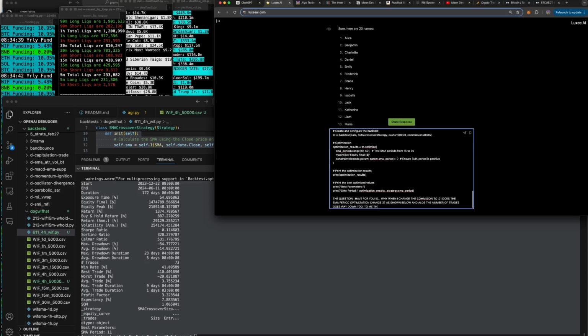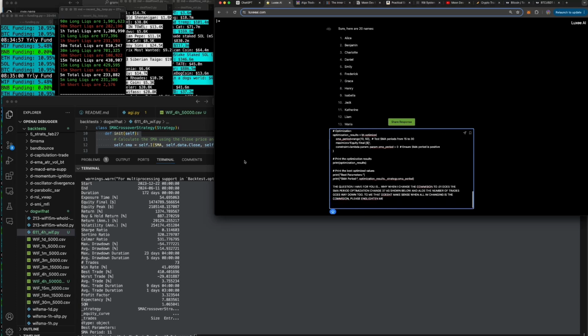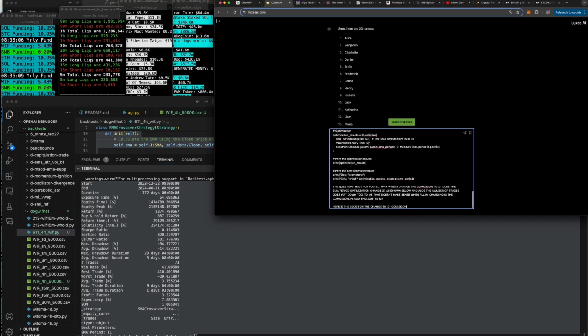To me, that doesn't make sense when all I'm changing is the commission. Please enlighten me. Okay, here is the code for the change to 0.01 commission.